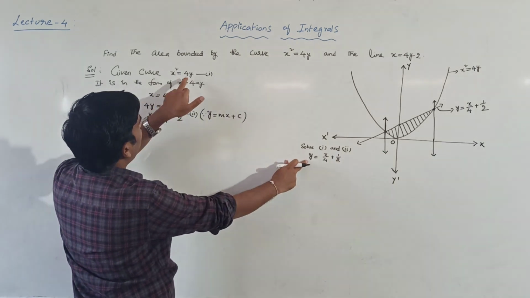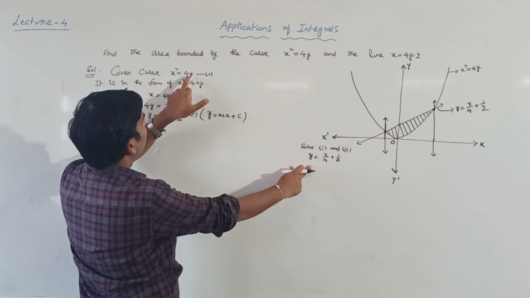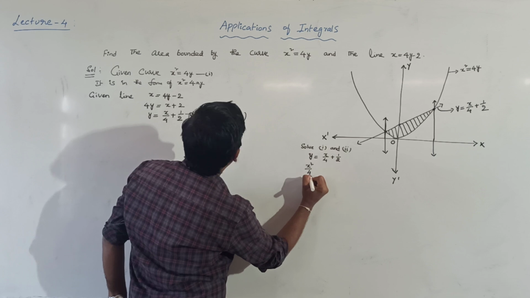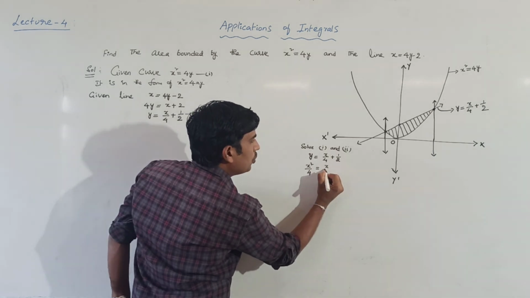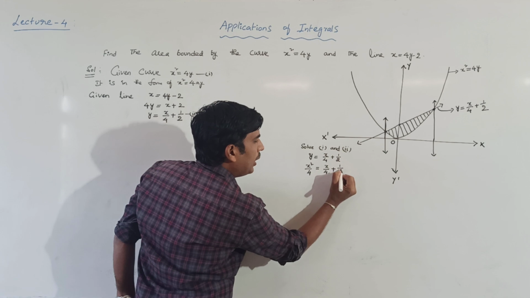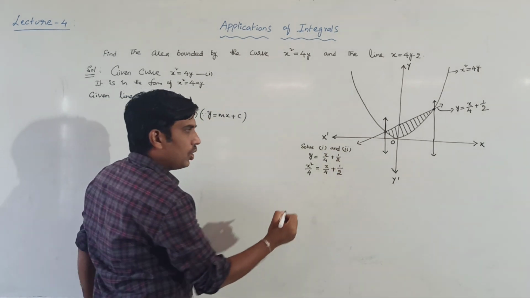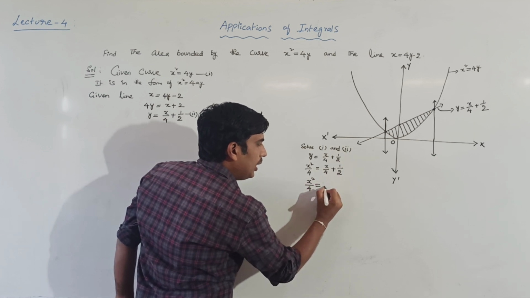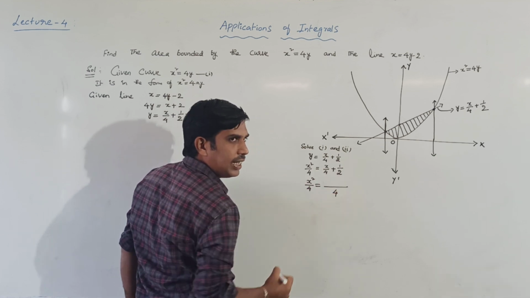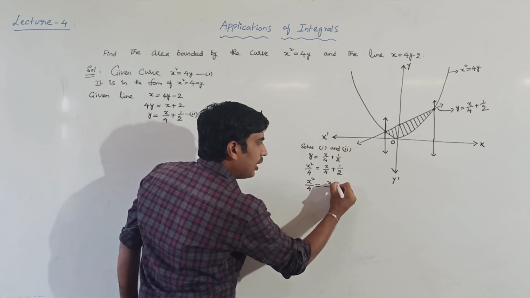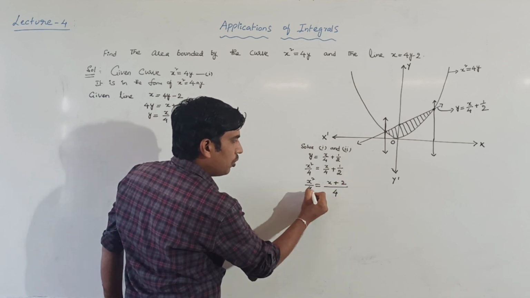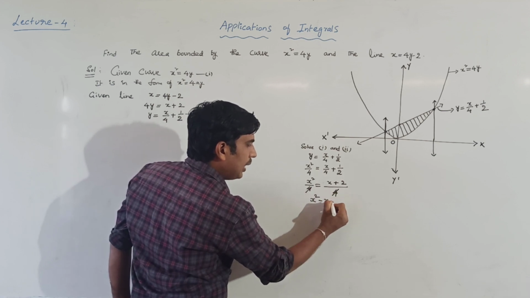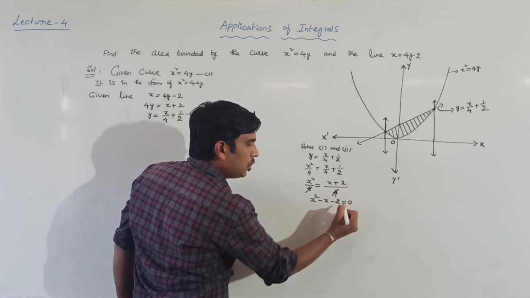Replace this y value in the first equation: x square by 4 is equals to x by 4 plus 1 by 2. Taking the LCM as 4, we get x plus 2. The 4 cancels, and we get x square minus x minus 2 is equals to 0.